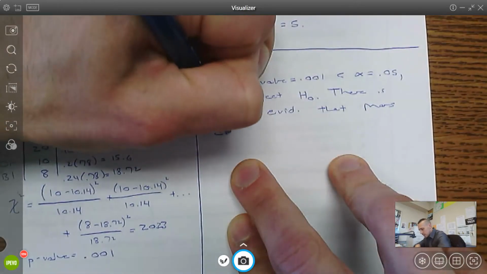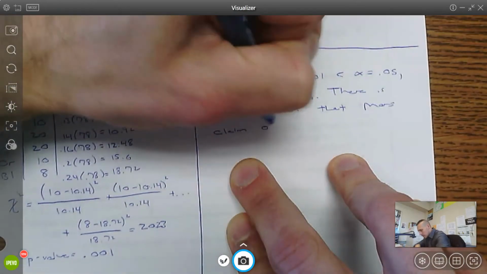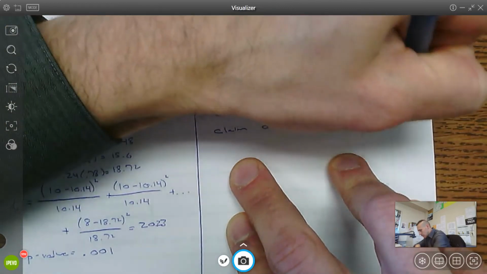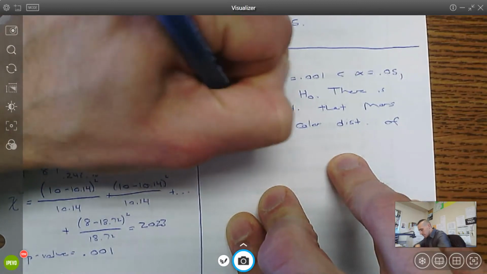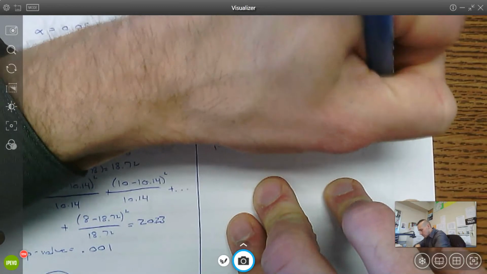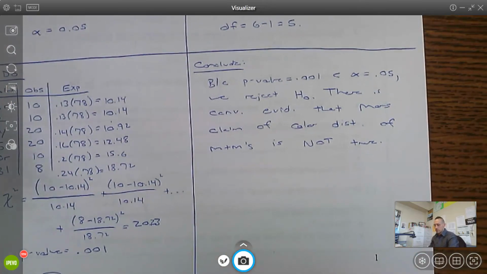Mars' claim of the color distribution of M&Ms is not true.